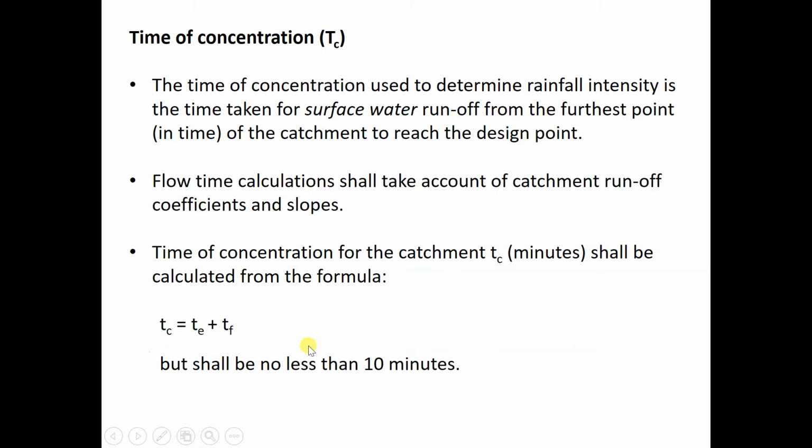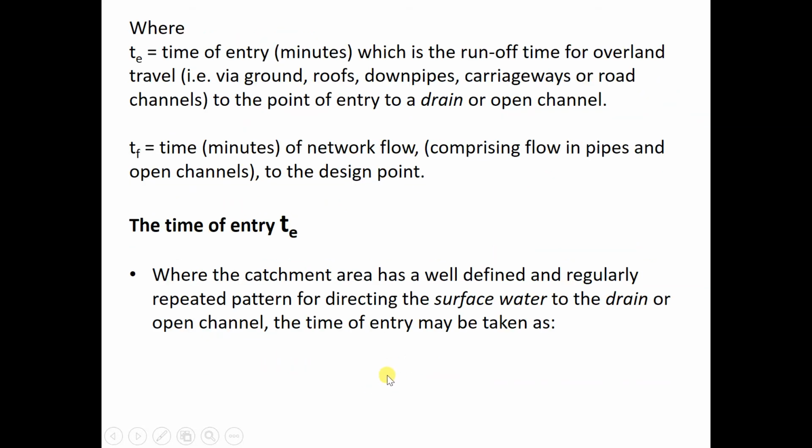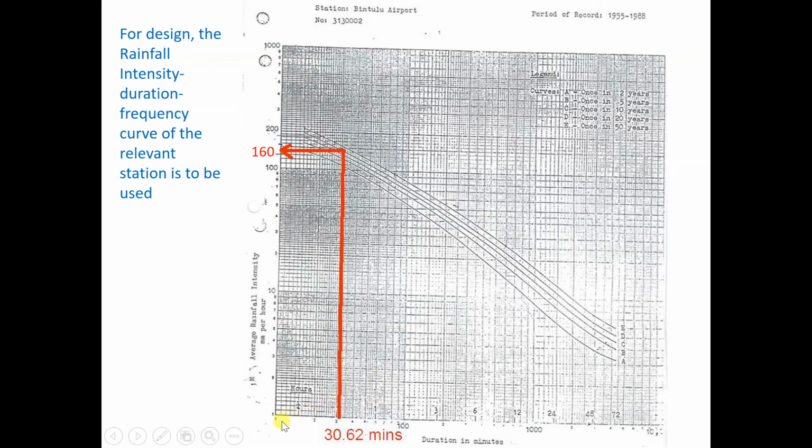In the urban setting it is calculated from this formula: TC equal TE plus TF. Okay, so the minimum is 10 minutes because the chart only starts from 10. This one is 10, 20, 30, 40, 50, 60, 70, 80, 100. So you start from 10 minutes.